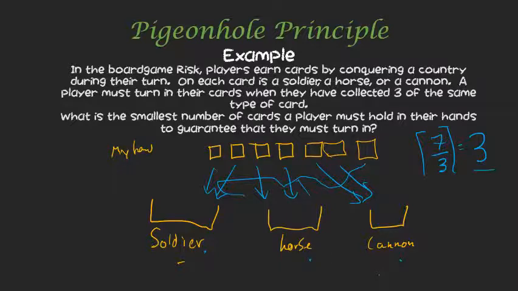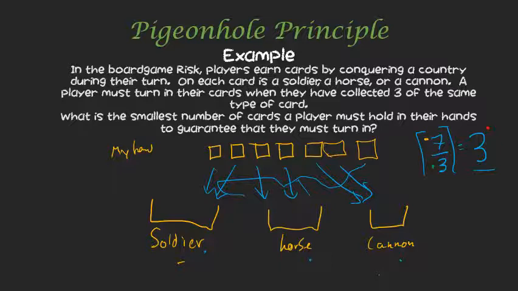This is the number that I have: 7 objects split into 3 categories. How many am I guaranteed to have in any one category? That's the answer here, 3. This is how many I'm guaranteed to have in some category.